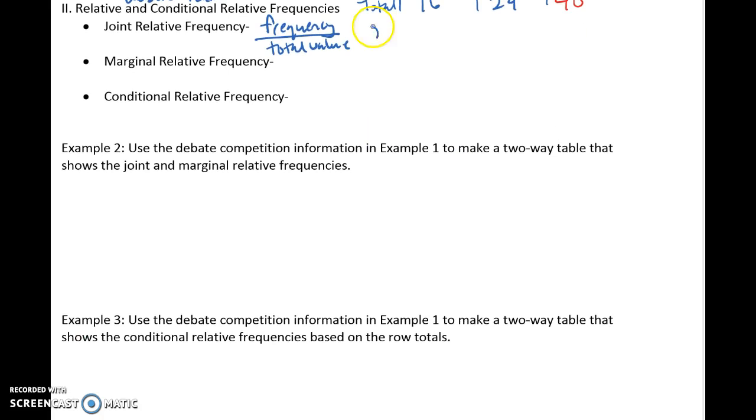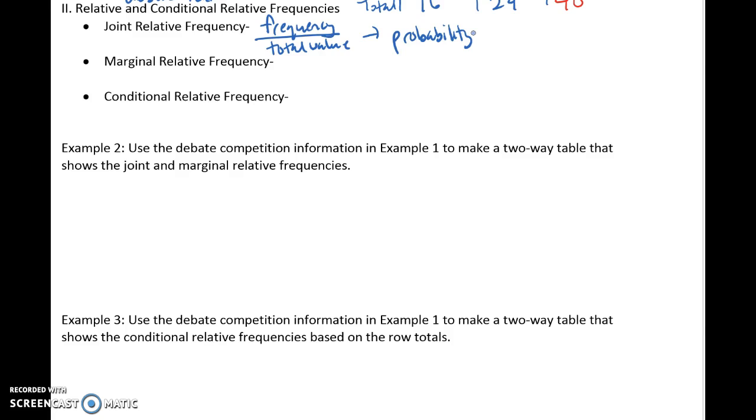So this is basically probability, and probably closer to experimental probability than theoretical sometimes because of just the data we're given. But anyway, probability, frequency over total value is basically occurrences over total, right?